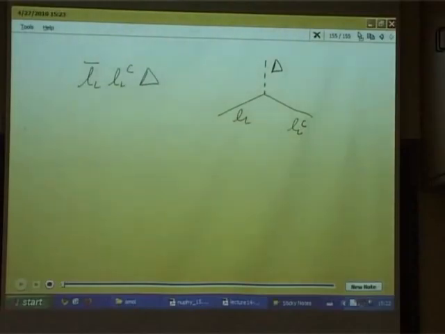Now let's see what is delta. What was delta? It was a triplet in SU2 and hypercharge was -2. So this is a triplet, so there should be 3 particles.